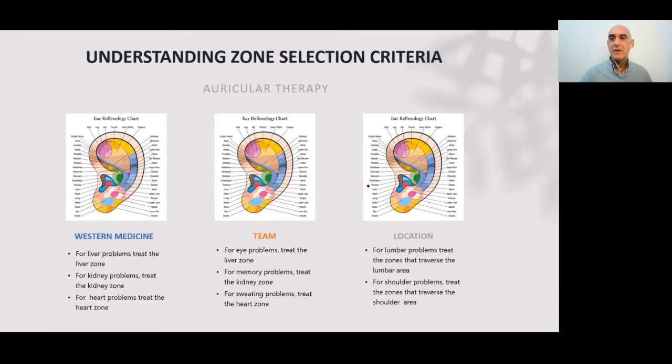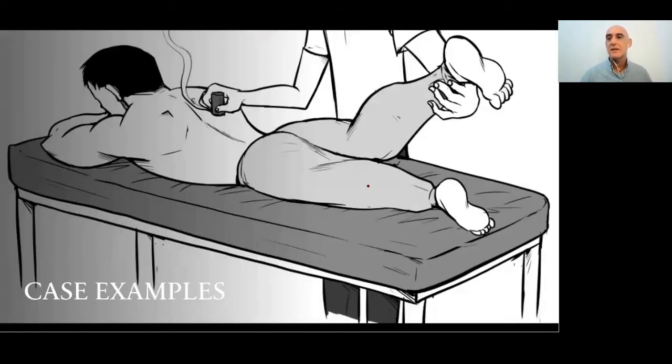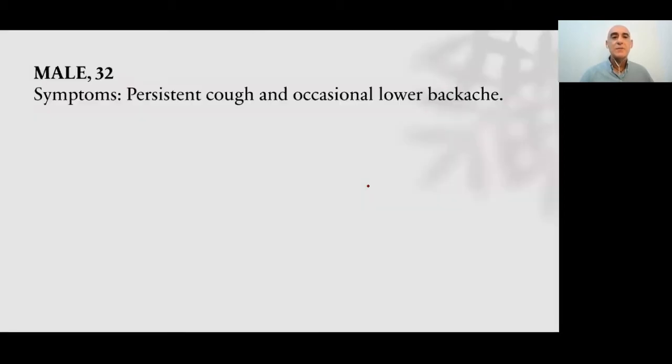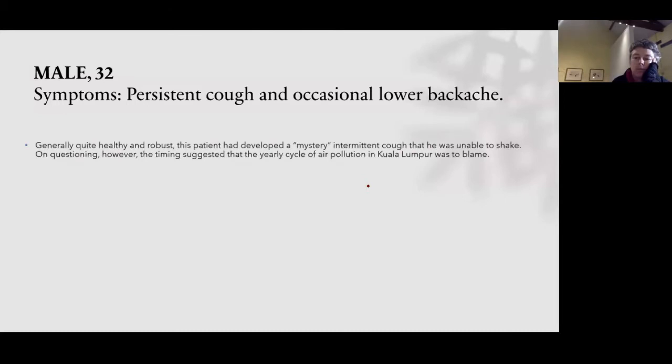Now I'm going to give you 3 case studies. So the first one was in Kuala Lumpur. Guy, 32 years old, with a persistent cough and occasional lower backache. He was generally healthy and robust, and he developed what he called a mystery intermittent cough that he was unable to shake.